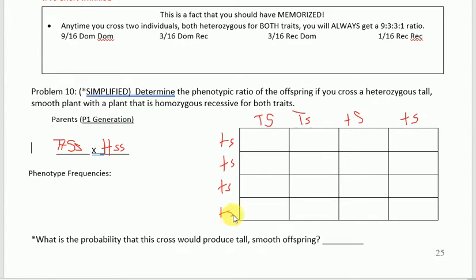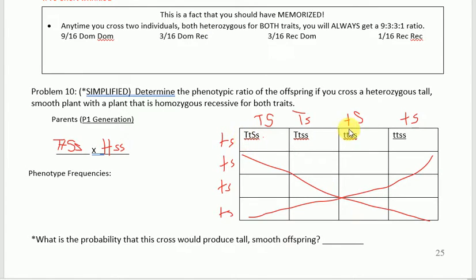Looking at this, instead of going through and doing all 16 squares, these bottom 3 rows are going to be the exact same as the top row. So we are just not going to even do that. That's just a waste of time and energy. So push pause and figure out this top row.